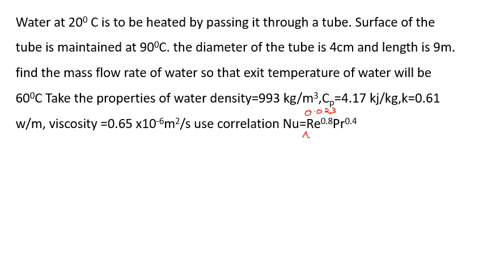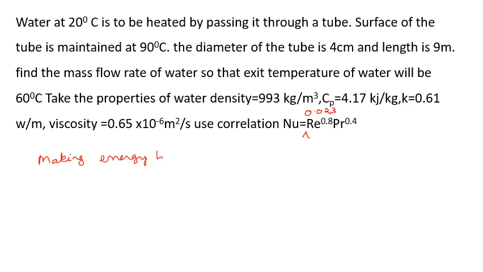Since the properties of the fluid, in this case water, are already given, otherwise we have to refer to these properties from the steam or heat exchanger data handbook. So the first step is making the energy balance.